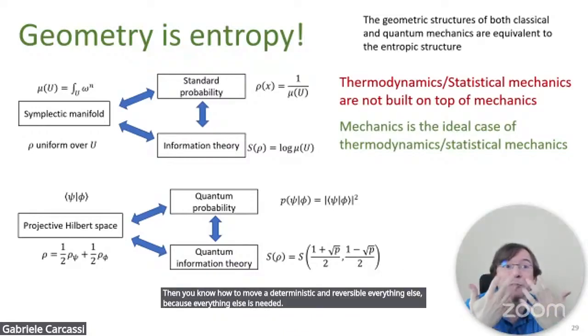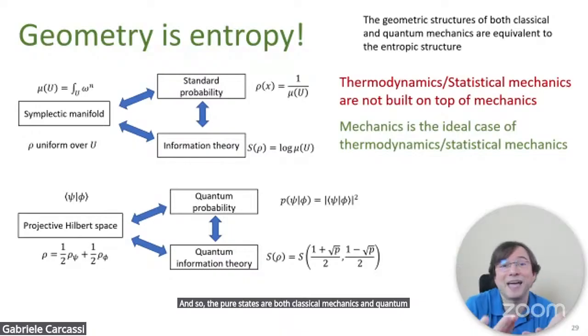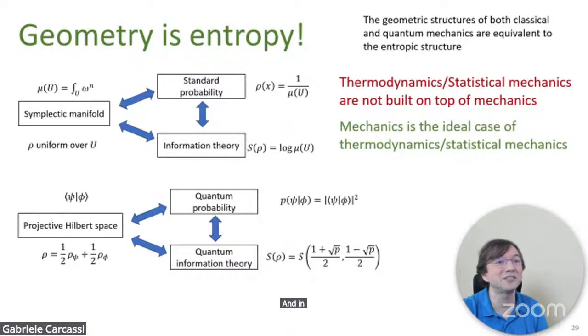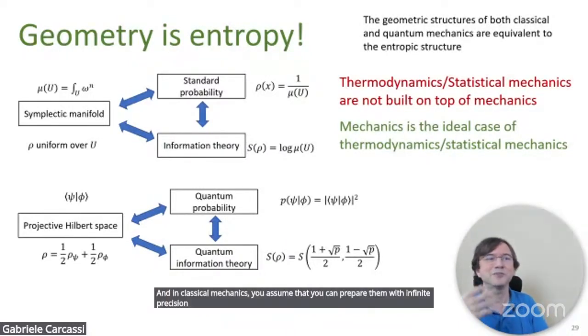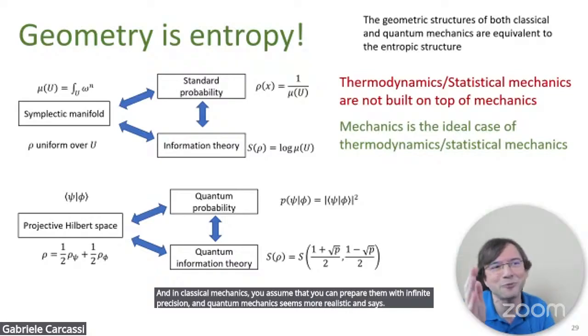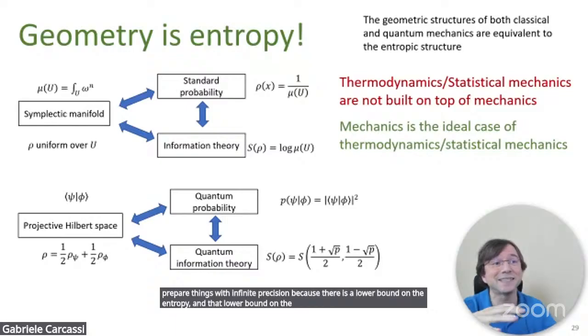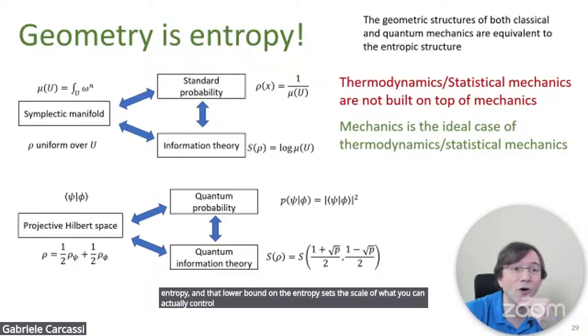And so the pure states of both classical mechanics and quantum mechanics become that. They are the best state that you can hope to prepare. In classical mechanics, you assume that you can prepare them with infinite precision. Quantum mechanics is more realistic. It says, no, you can't prepare things with infinite precision, because there is a lower bound on the entropy. And that lower bound on the entropy sets the scale of what you can actually control in terms of the precision of your states.